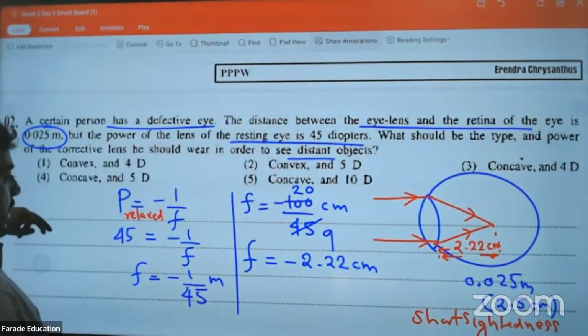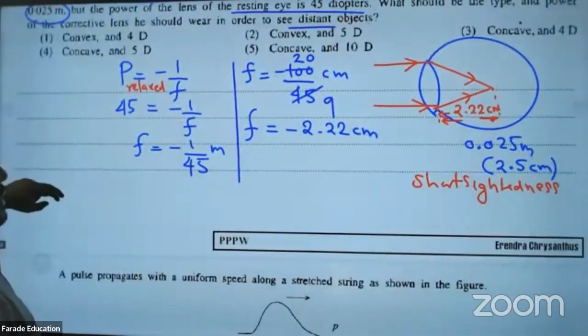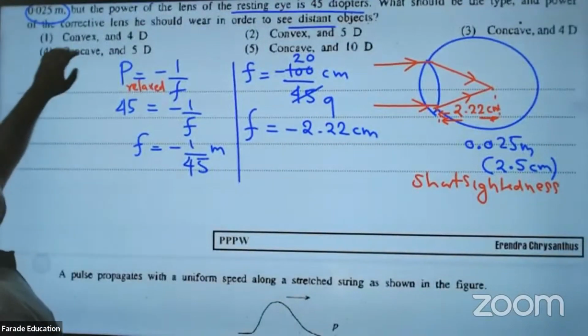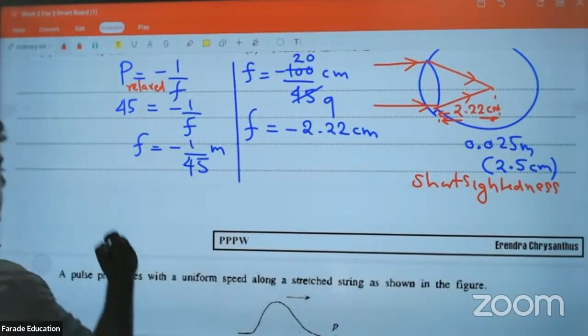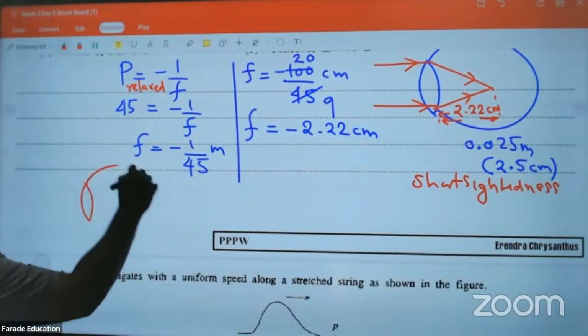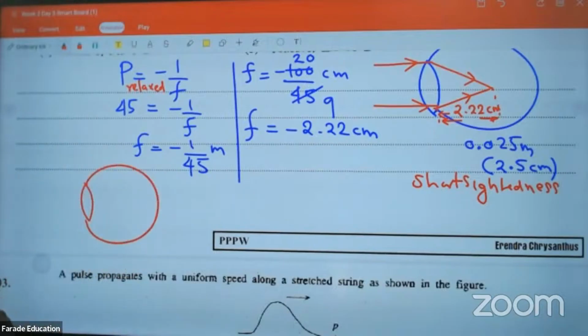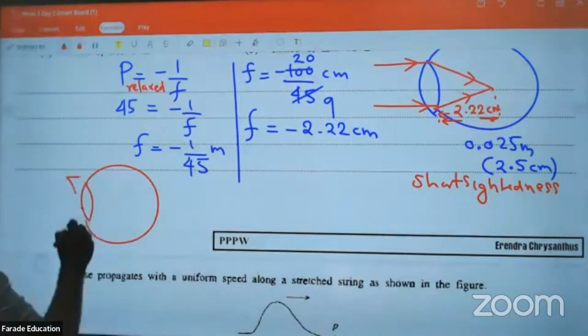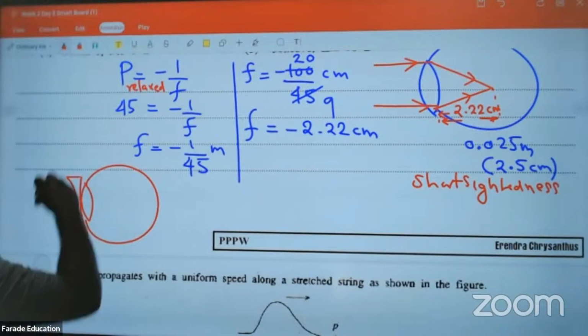Now, how do you make the correction? To correct it, we must make sure that light rays converge on the retina.